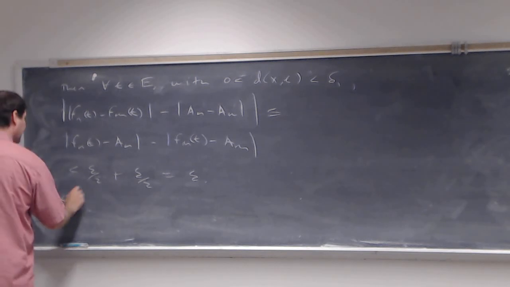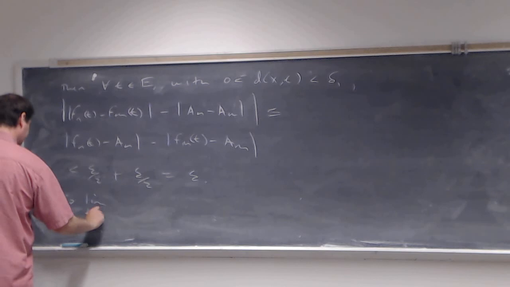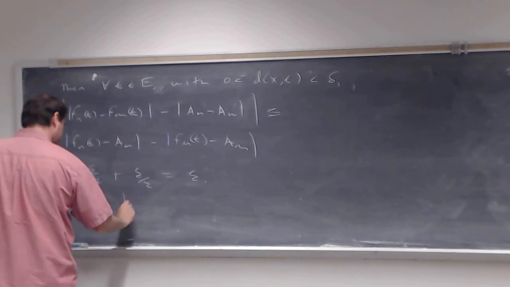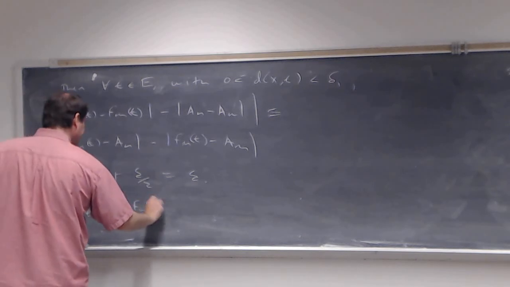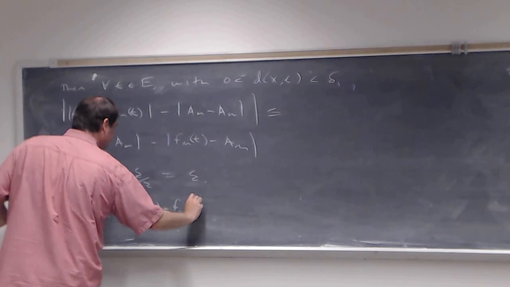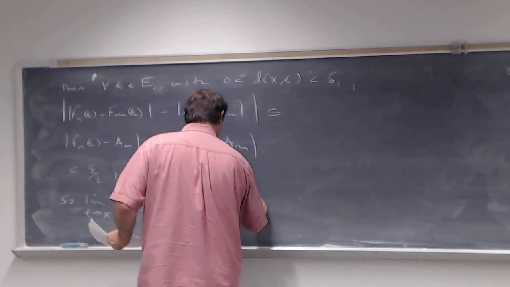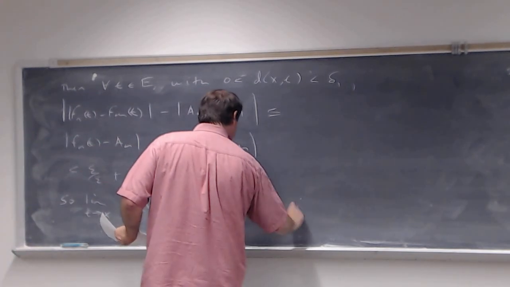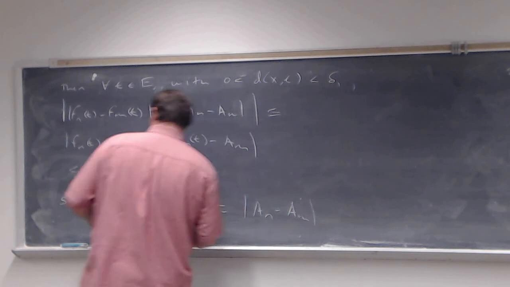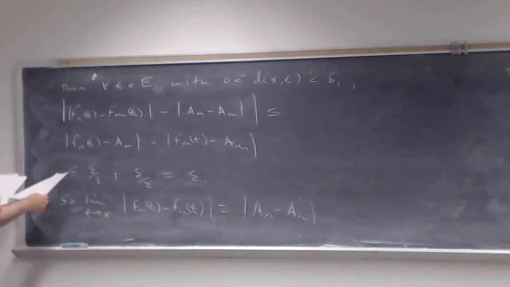And so that tells us that the limit as t goes to x of the norm of f sub n of t minus f sub m of t equals the norm of a sub n minus a sub m. And so that ends the proof of claim.